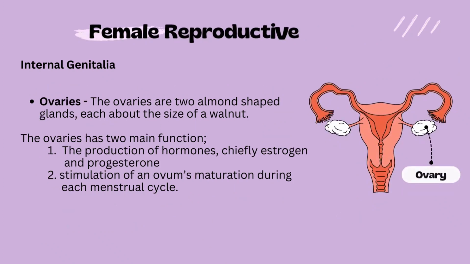And lastly, we have the ovaries. The ovaries are two almond-shaped glands, each about the size of a walnut. The ovaries have two main functions: the production of hormones, chiefly estrogen and progesterone, and stimulation of an ovum's maturation during each menstrual cycle.